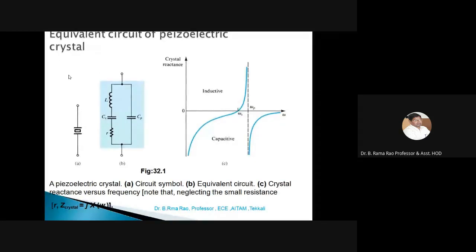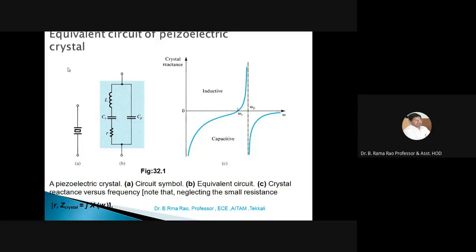Then observe the reactance function of the crystal. By neglecting the value of R, the value of omega s square is equal to 1 by L into Cs.